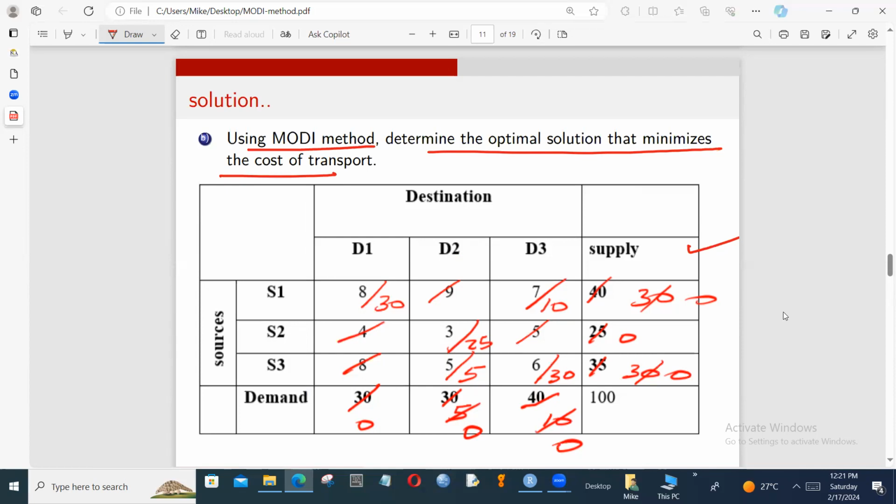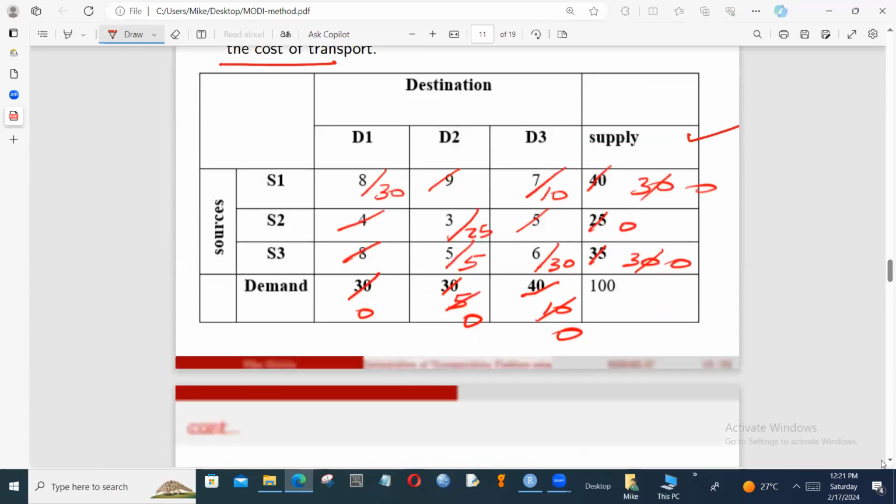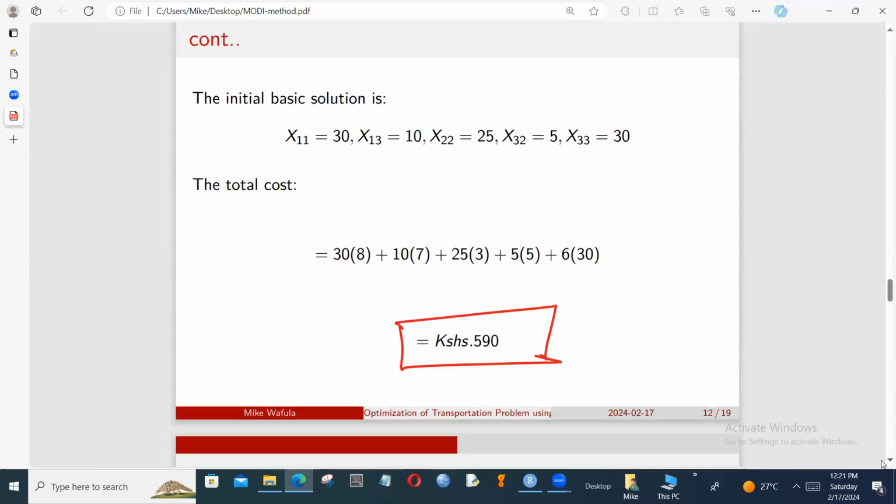So in other words, what that 590 says is that roughly we can spend 590 shillings to transport all those goods from the 3 sources to the 3 destinations. This is the amount that first step tells us we can spend.